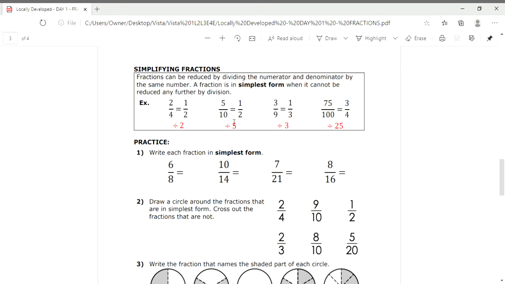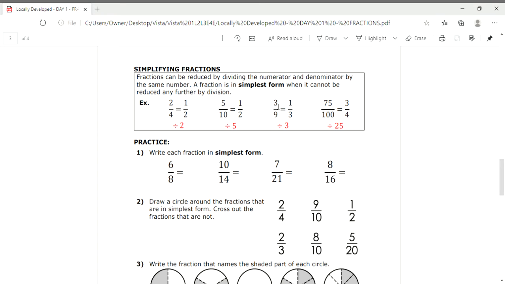The same with the next fraction, 5/10. We can simplify by dividing both the top and the bottom, the numerator and the denominator, by 5. 5 divided by 5 is 1, and 10 divided by 5 is 2. So 5/10 is equal to 1/2.